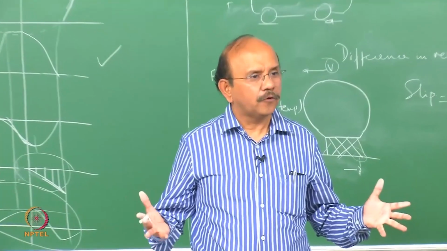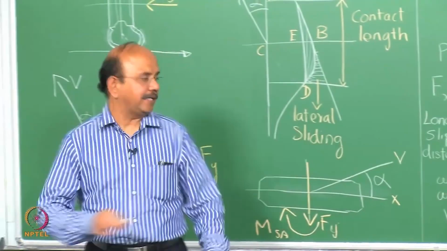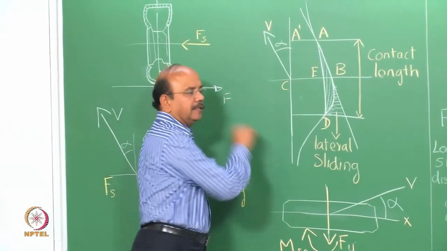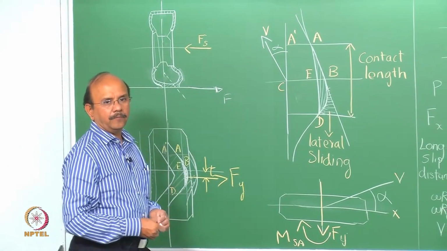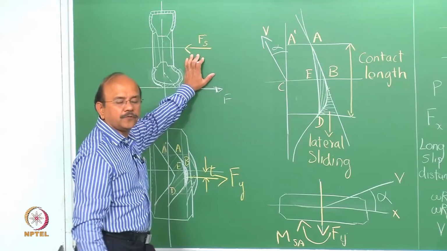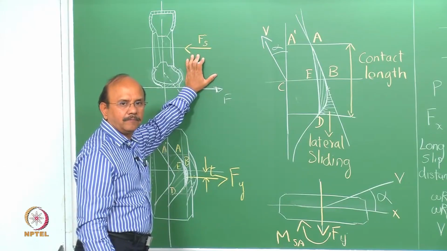After all, I need a centripetal force. If I corner a vehicle, I need a centripetal force. Let us say that is the centripetal force that needs to be generated. And of course, this is the D'Alembert's force, which you would call the centrifugal force.